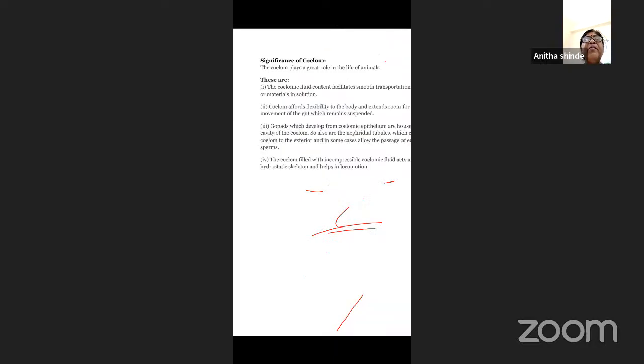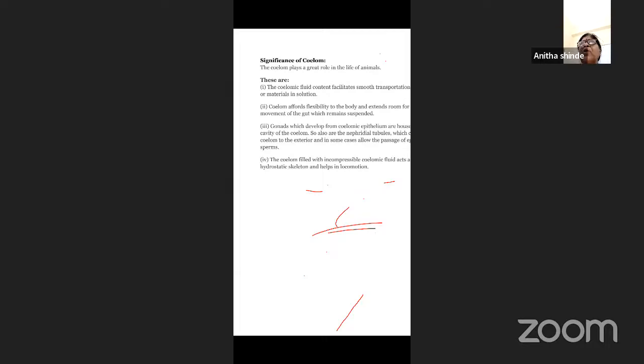Now coming to the significance of the coelom, we have already seen the significance as well as the functions of the coelom. They play a very important role in the life of animals, because since they are present intact in between the outer body wall and your internal organs, that is your gut cavity or the gastrovascular cavity, it holds all the internal visceral organs intact. It gives them flexibility.